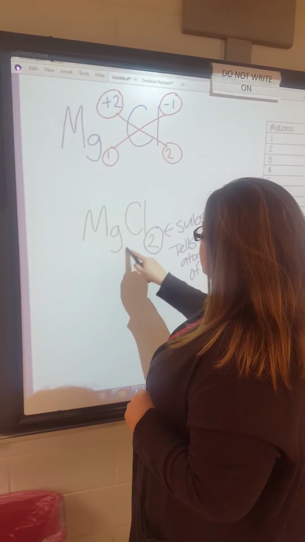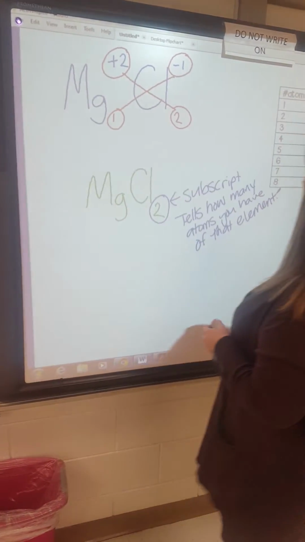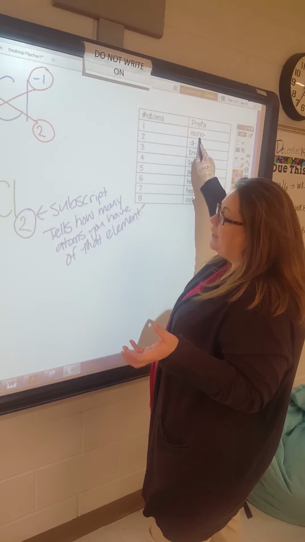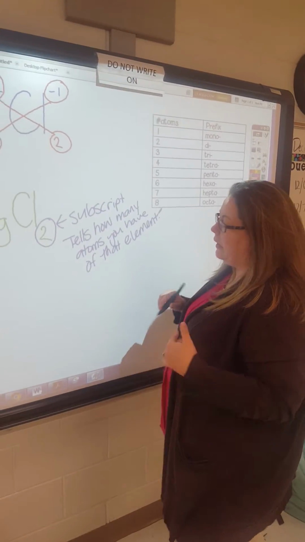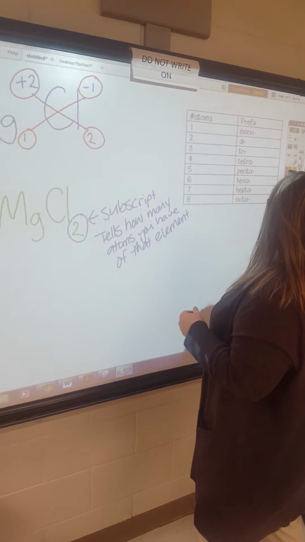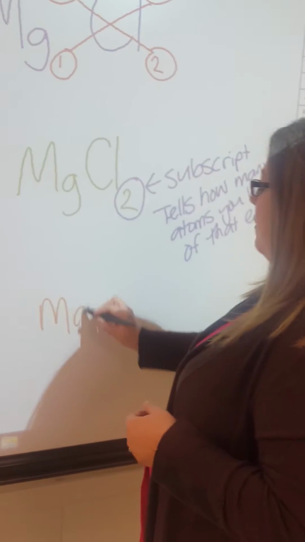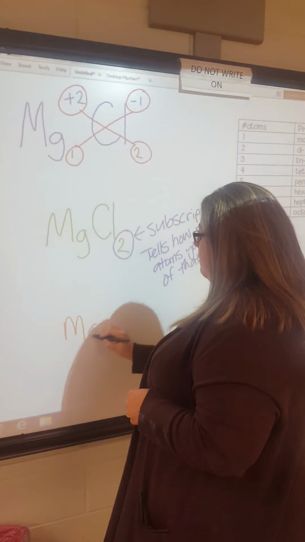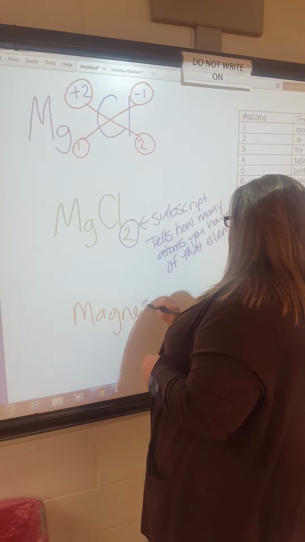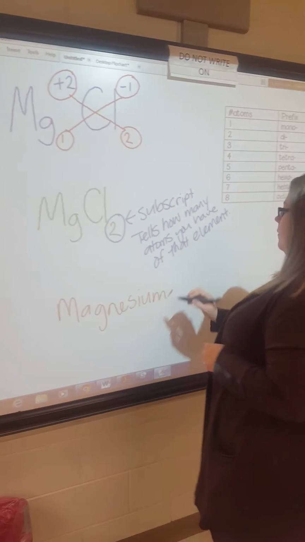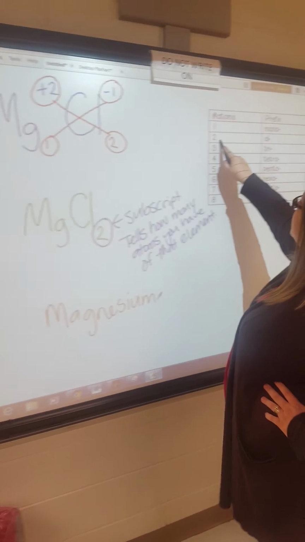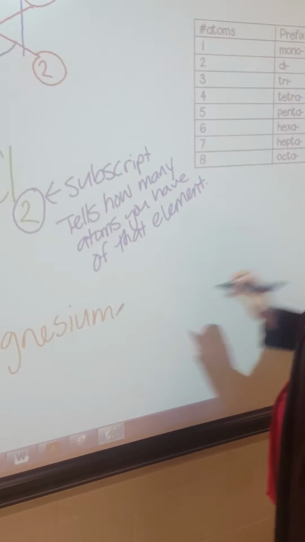For magnesium, the subscript is 1, so the prefix for 1 is mono. The trick with mono is you don't always have to write mono. We can leave it blank, which is really kind of neat. So for magnesium, I'm just going to write magnesium. Then chlorine has a subscript of 2, which means it has 2 atoms, so the prefix is di.